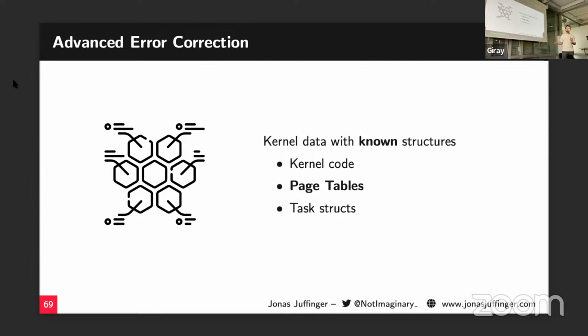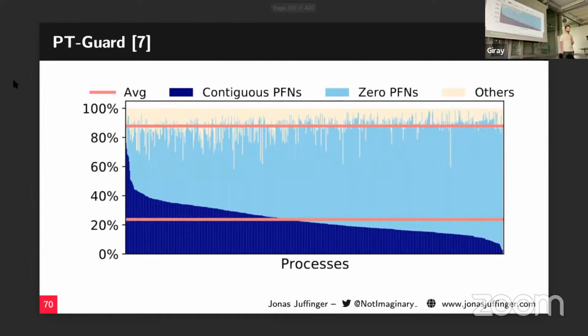And for page tables especially, there was another paper, of which I'm a co-author, PTGuard. This is a hardware design that protects page tables specifically. And there we looked at the page tables on a real running system. This was just some Ubuntu system. It had Chrome, Spotify, a few applications running. And there we see that a good 25% of all page frame numbers in page tables are contiguous.